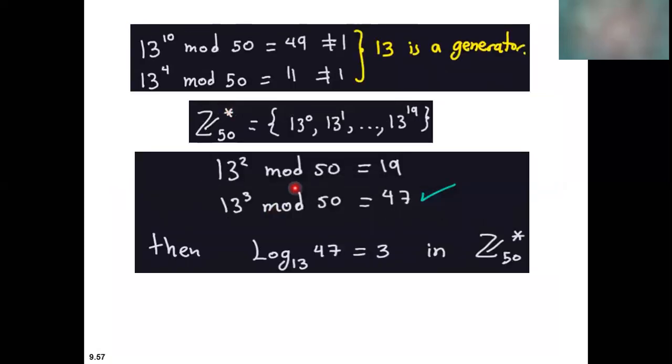If you look over here, we subsequently calculate all these powers of 13. 13 power 2 mod 50 is 19. 13 power 3 mod 50 is 47. So I have to calculate the log of 47 to the base 13. On which power do we get 47? The exponent is 3. In that case, we will get 3. So the log of 47 to the base 13 in Z_50 static is 3.